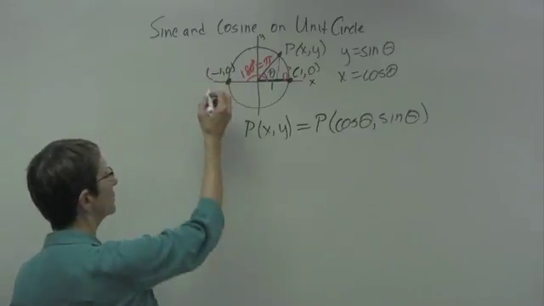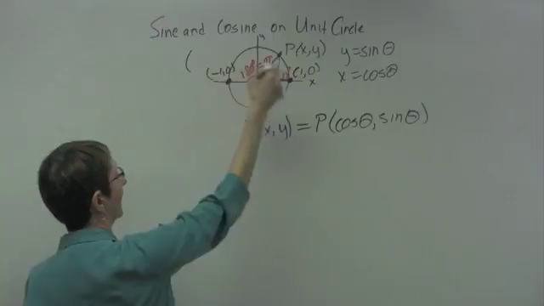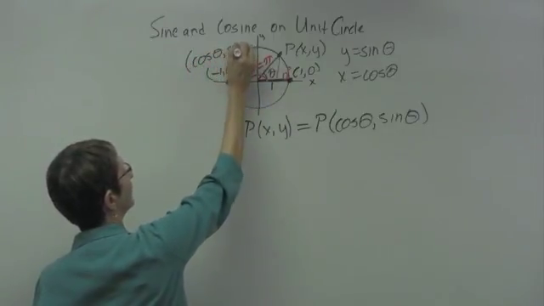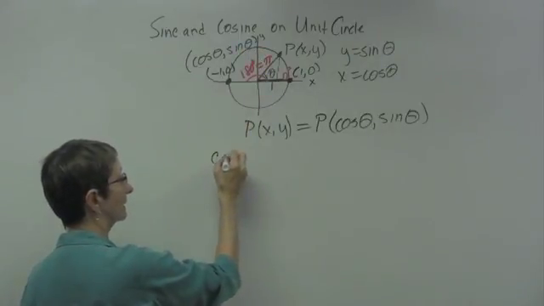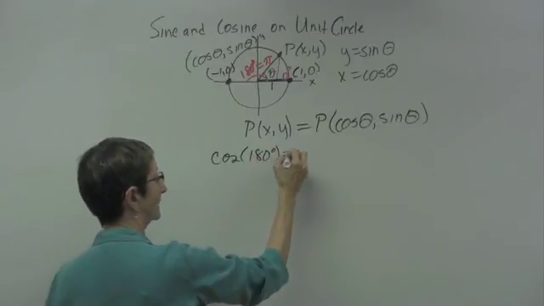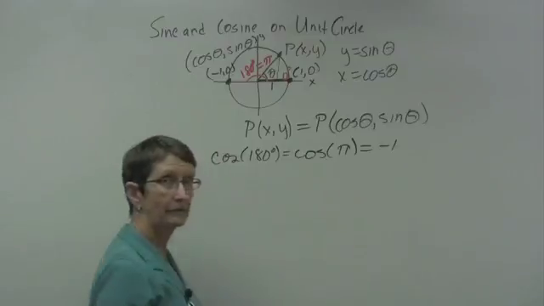So for my 180 degree point, x is cosine theta, y is sine theta, so that tells me that cosine of 180 degrees or cosine of pi is -1.